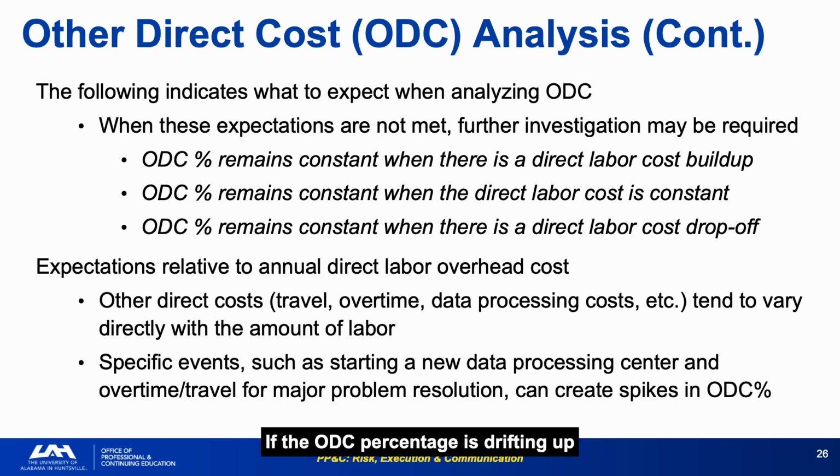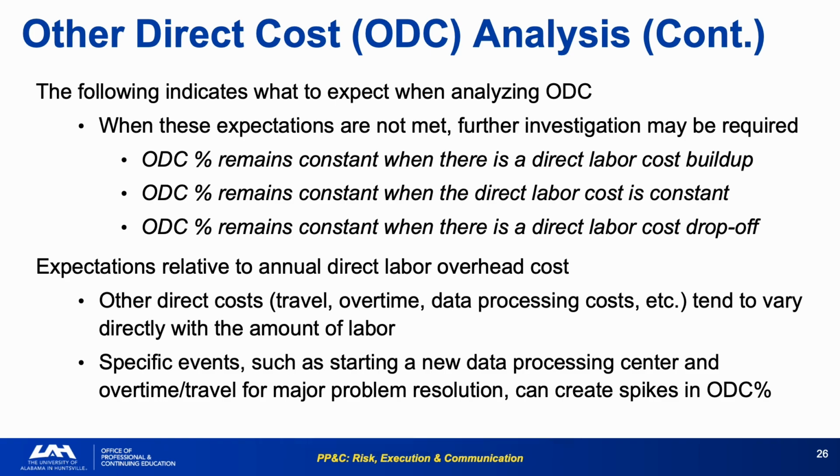If the ODC percentage is drifting up over multiple periods without a specific event to explain it, the contractor may be reclassifying costs from other categories into ODC, where oversight is less stringent. When the ODC percentage moves, ask for the itemized breakdown for that specific period. The explanation should point to a specific event, not vague overhead growth.